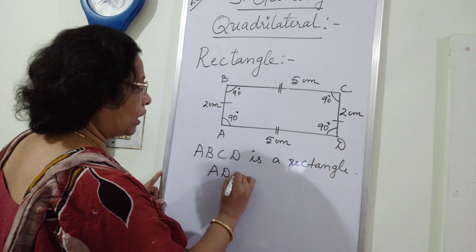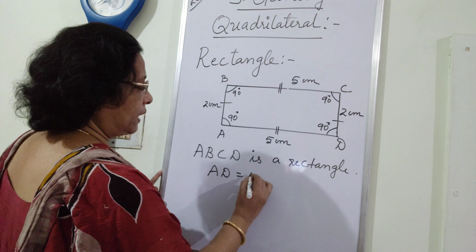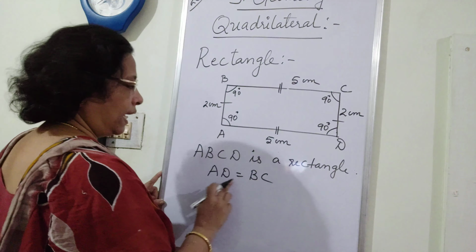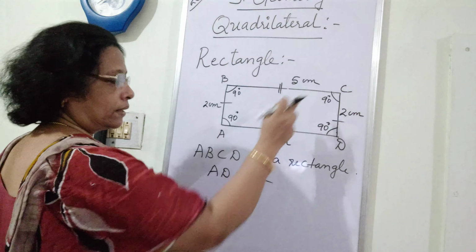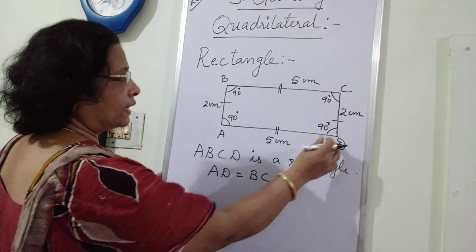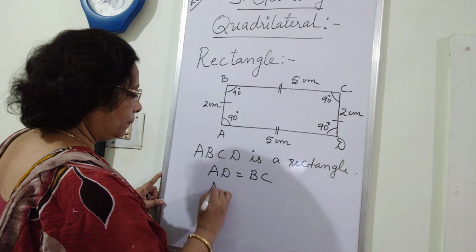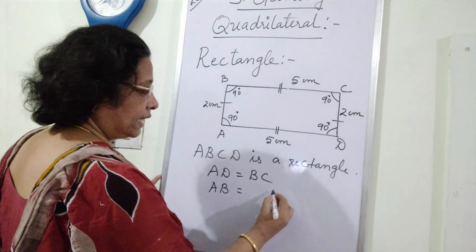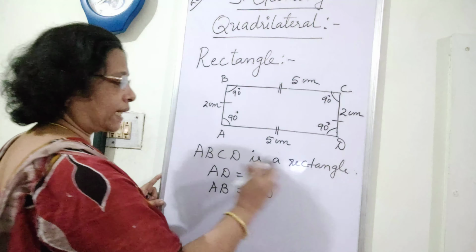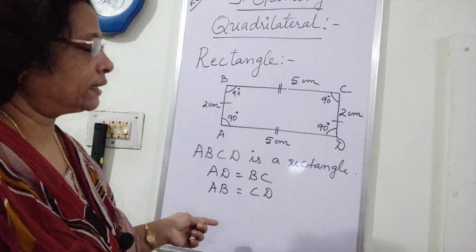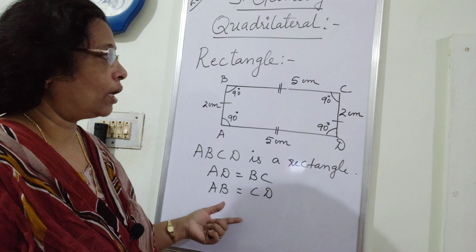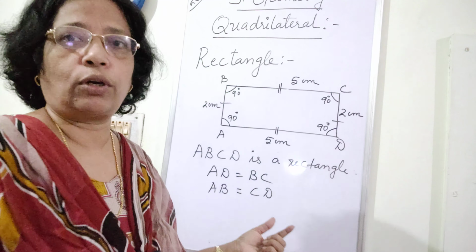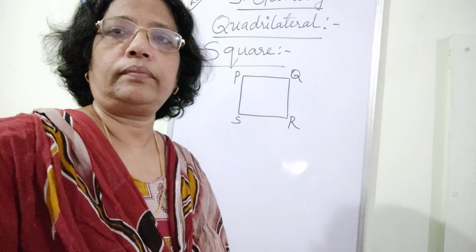AD equal to CB or BC. AD equals BC. These opposite sides are equal. And this one, AB equals DC or CD. Opposite sides are equal. Like this, the figure is called a rectangle. I hope all of you got it.